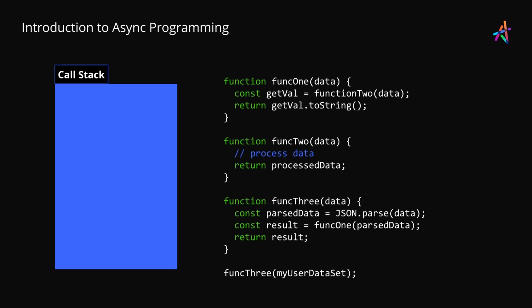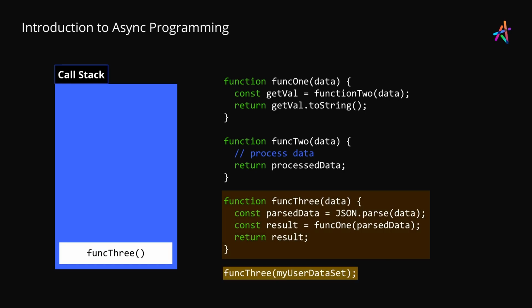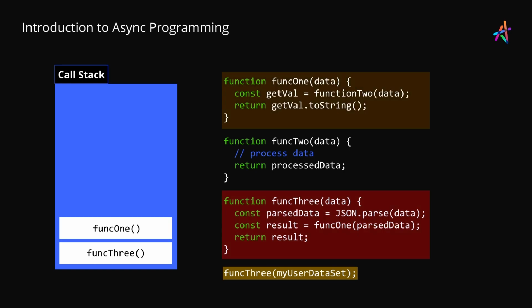Let's see another example. Observe the code for a bit. Function 3 here is calling function 1, which in turn calls function 2. Here, the execution begins at function 3, which goes on the stack. Then, function 1 is called and placed on the stack.